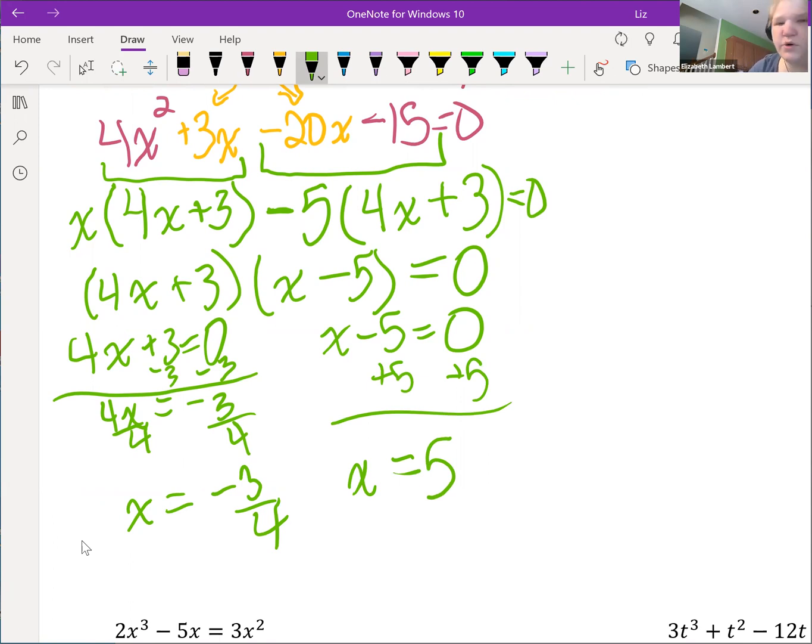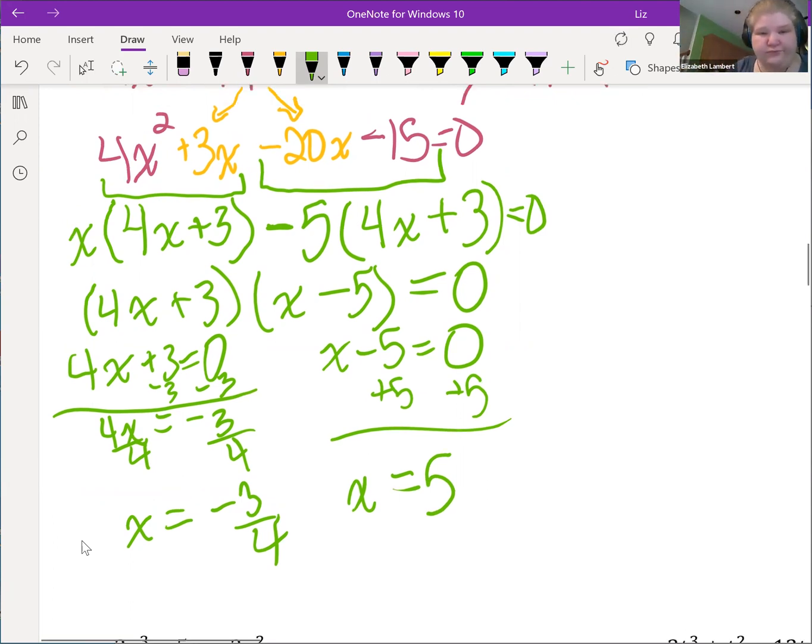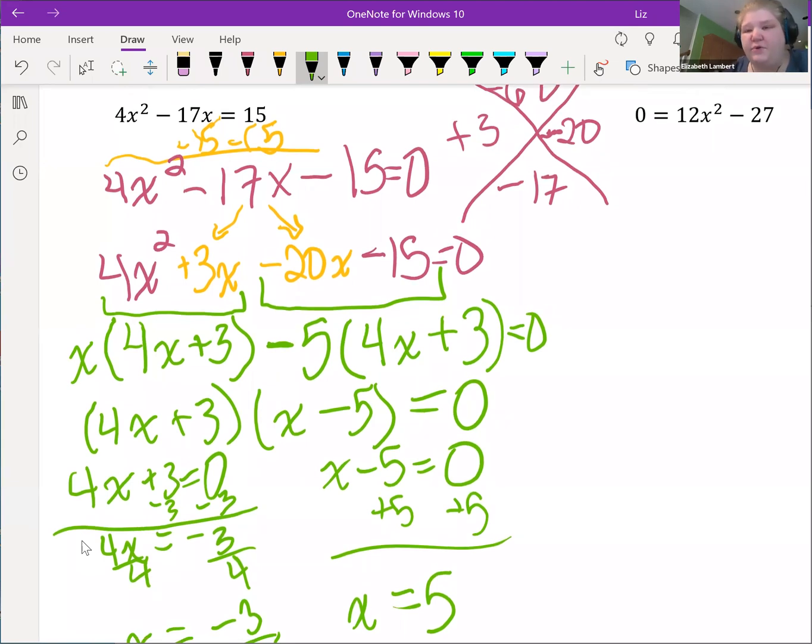To negative 3/4 and positive 5, which have no relation to the 3 and the 20 we had before. I mean, you can kind of see the 4 times the 5 is the 20, and there's a negative 3, but yeah.